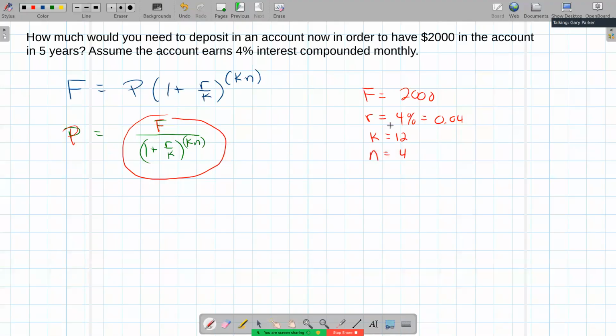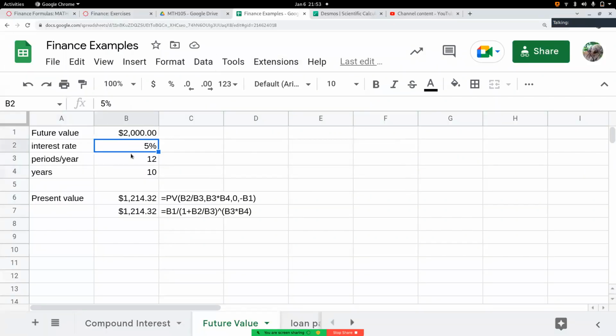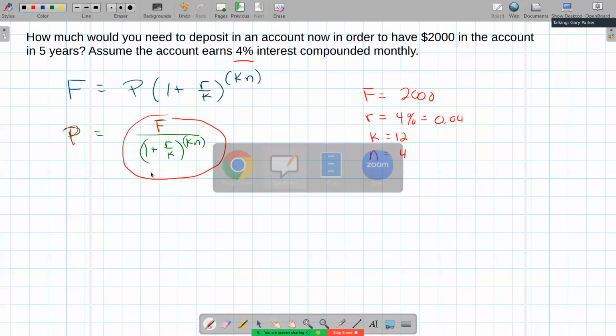Our interest rate is 4%. We're compounding monthly, so that's 12 times per year. And we're going to do that for 4 years, or 5 years, excuse me. I have that wrong here. Let's correct our notes.